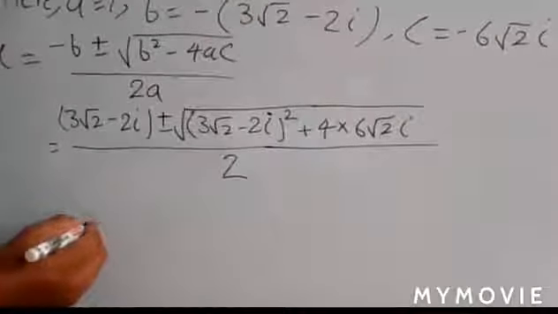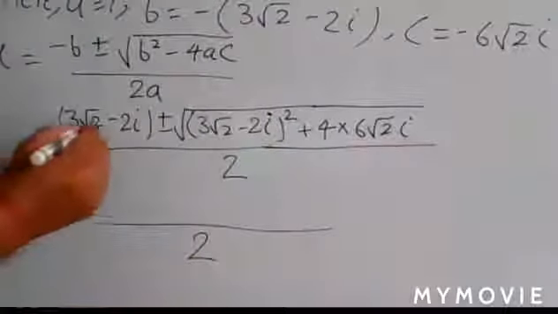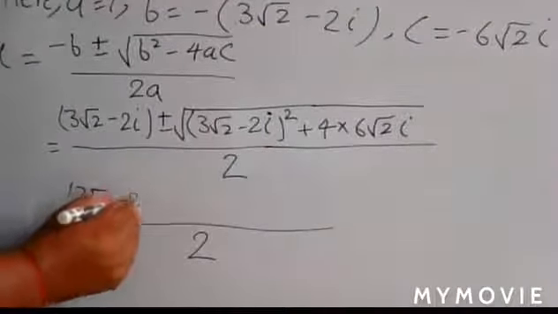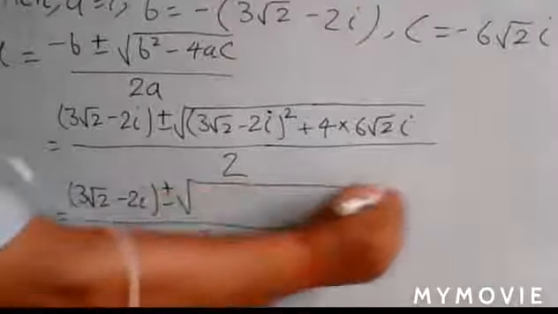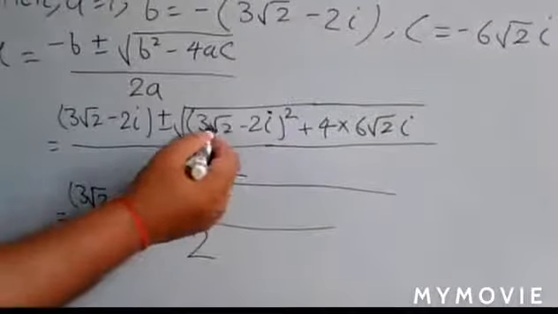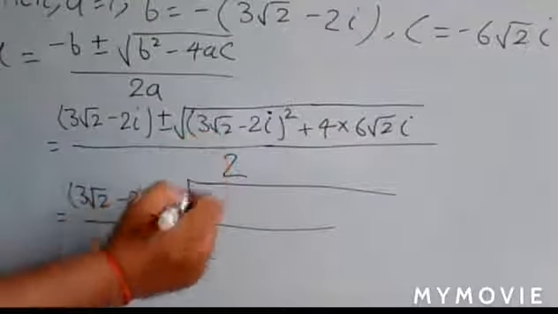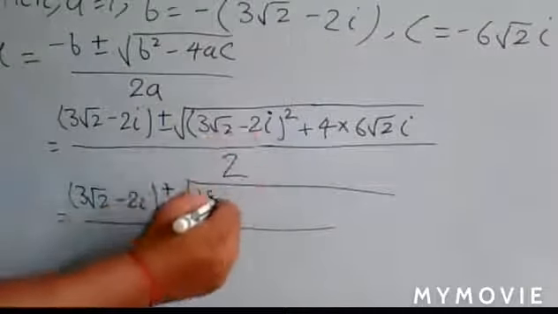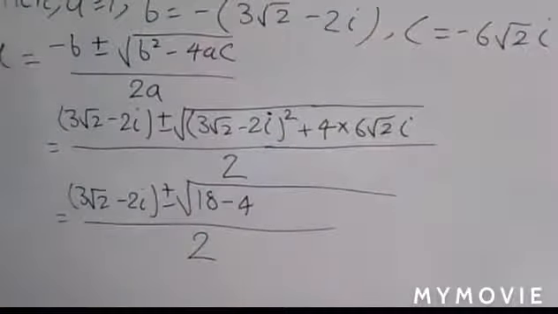So that is equal to, here you have denominator 2, and 3 root 2 minus 2i plus minus within root. If you simplify it, just check what you have. The square of 3 root 2 is 18. Here you write minus 4 because the value of i square is equal to minus 1.